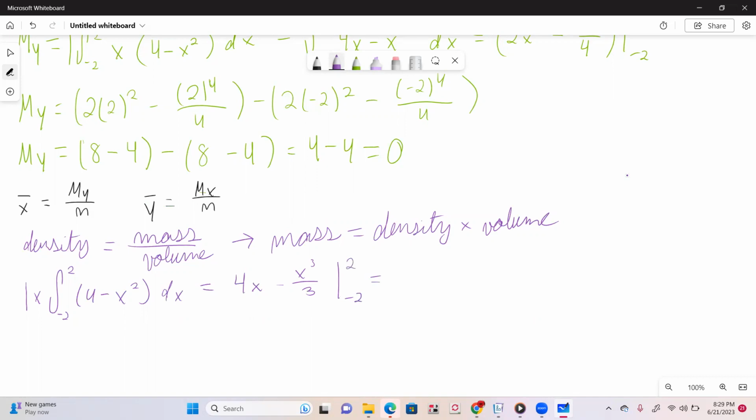Let's solve for the definite integral. So this is going to be 4 times 2 minus 2 to the third over 3 minus 4 times -2 minus -2 to the third over 3.